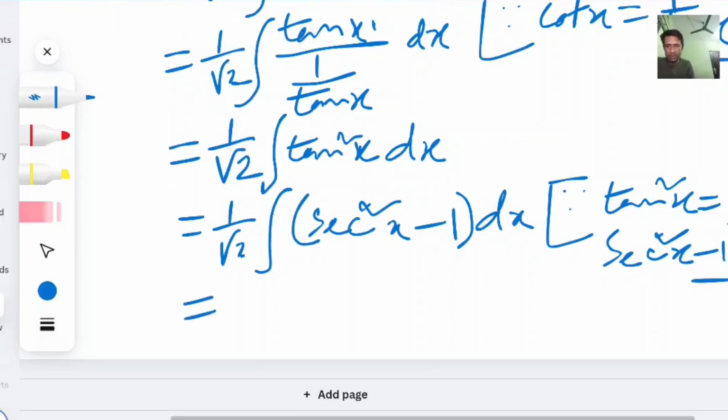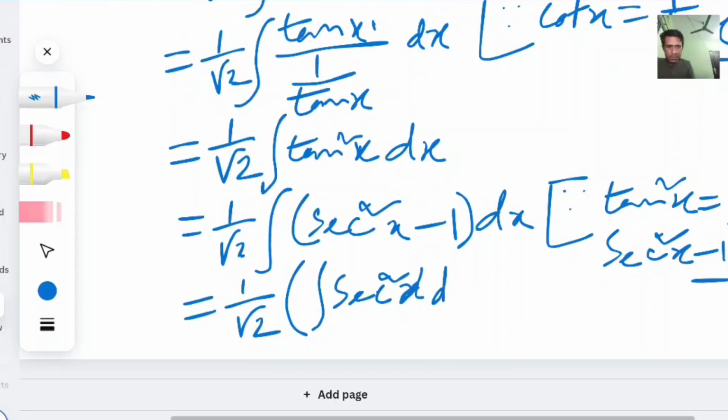Okay, so now 1 divided by root 2 integration sec square x dx minus integration 1 dx.